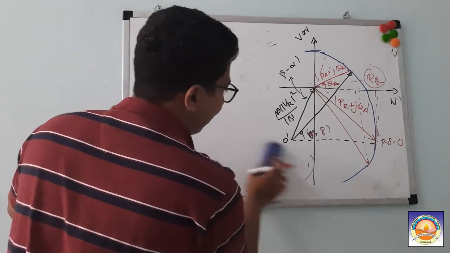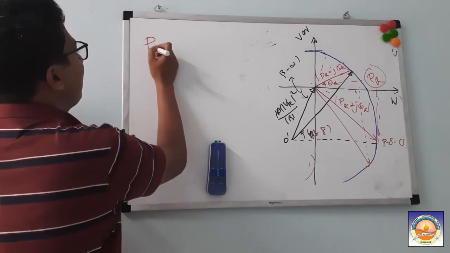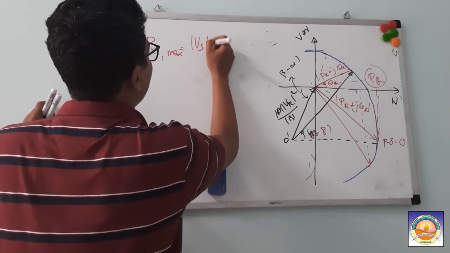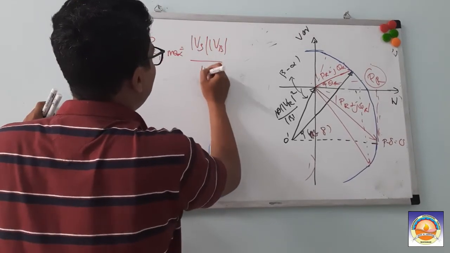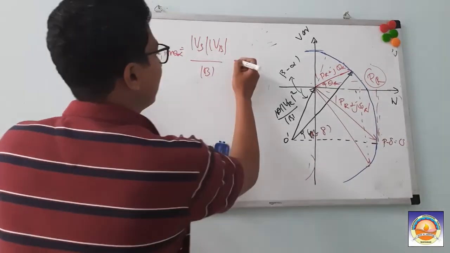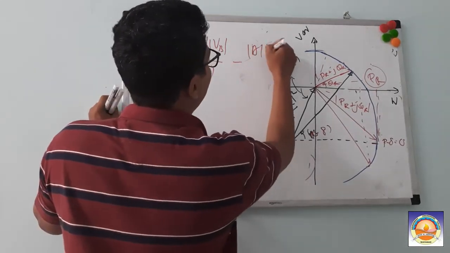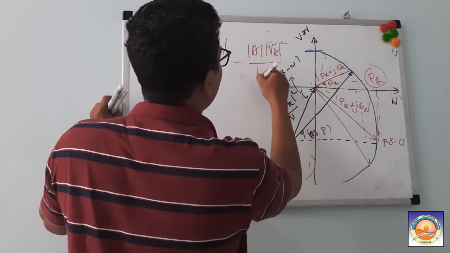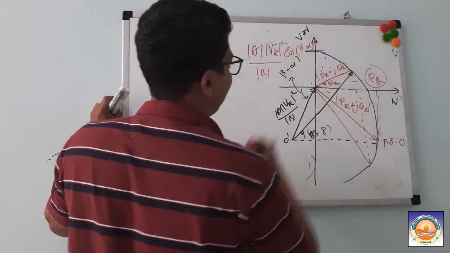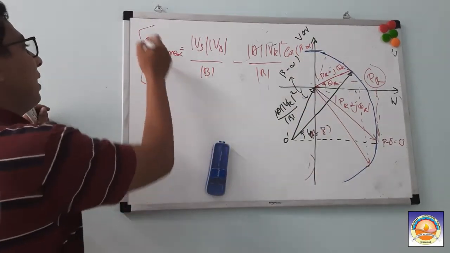It will be PR maximum, which is equal to Vs Vr divided by B, cos of beta minus delta, which has now become 1, so that is not there, minus A Vr square by B into cos of beta minus alpha. That will be my maximum power transfer.